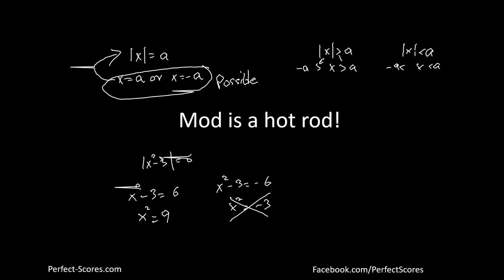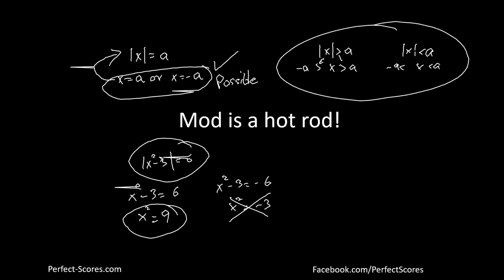You know this cannot work because x square cannot be a negative number. So from this, the only answer is this. So this has only one answer. This does not have two answers. Did you guys understand the trick here? Okay, so three things that you have to remember for modulus are this part and this part.